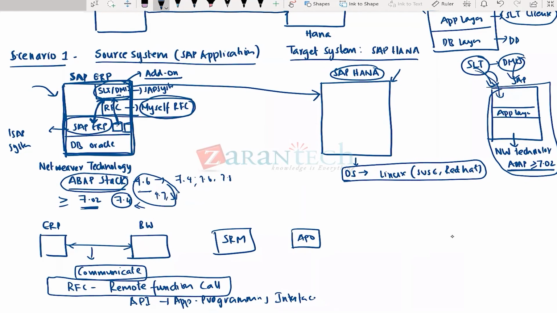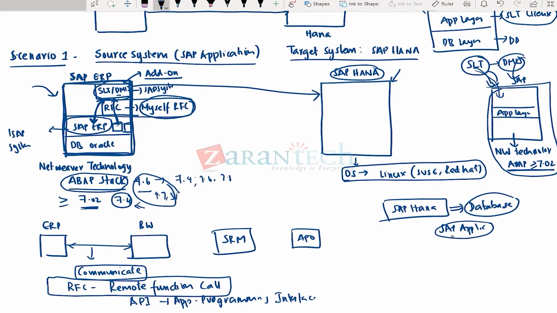Your initial thought would be that it will also be an RFC connection. But the small change here is, though SAP HANA is an SAP product, from a product evolution perspective, they treat it as a database. They don't treat it as an SAP application like SAP ERP or SAP BW or SAP CRM. It is only the database, so they don't consider it an SAP application. Only when an SAP application is talking to another SAP application can you use an RFC connection.